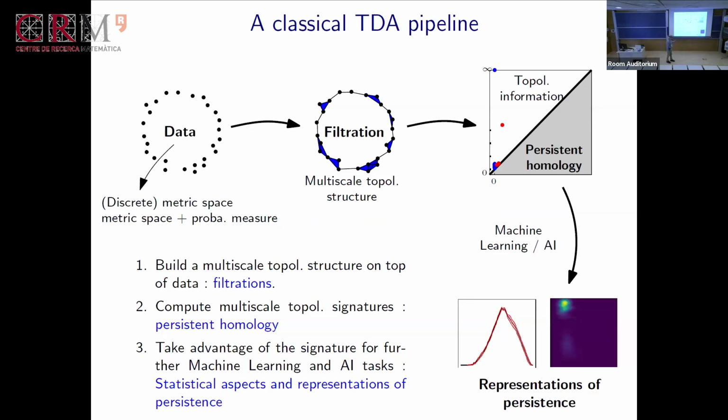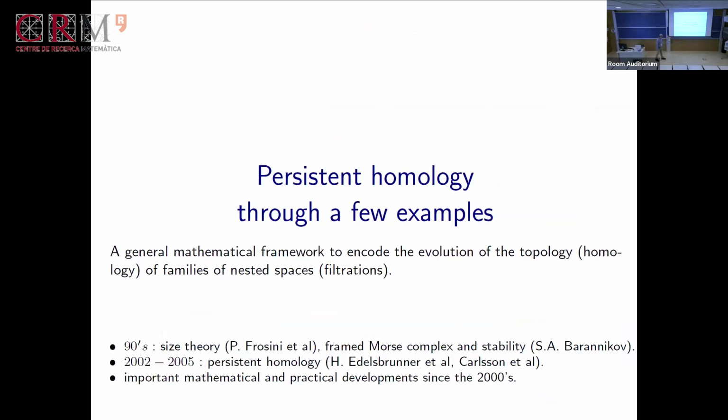What I told you is that persistent homology is defined as soon as you have a growing family of topological spaces and you want to study the evolution of the topology of this family. So we will start with persistent homology for functions. The growing family of spaces we are going to consider in these examples is the family of sublevel sets of real valued functions defined on a topological space.